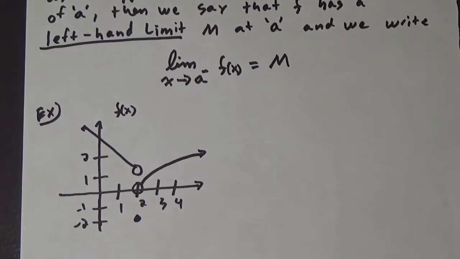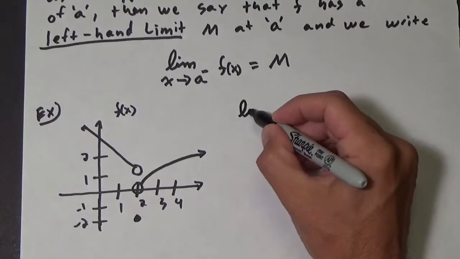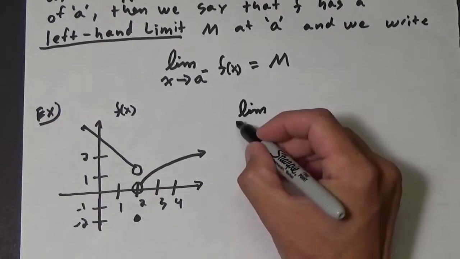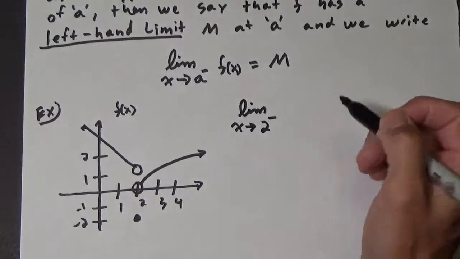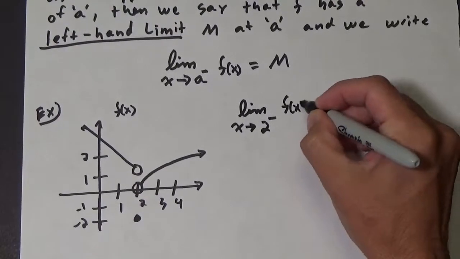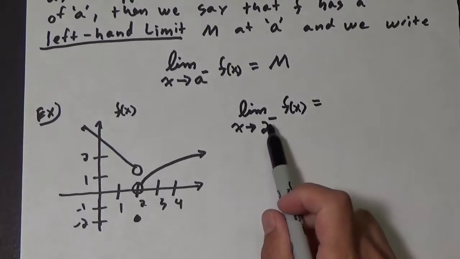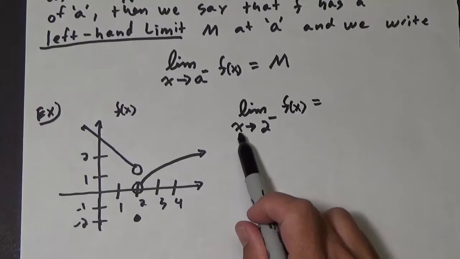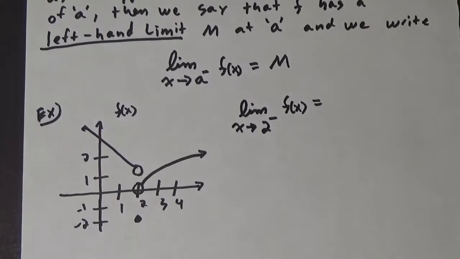Alright, so here's our function. Let's say we were asked, what is the limit as x approaches 2 from the negative side of f of x? So this is our left-hand limit. What is happening as we approach 2 from the left-hand side?